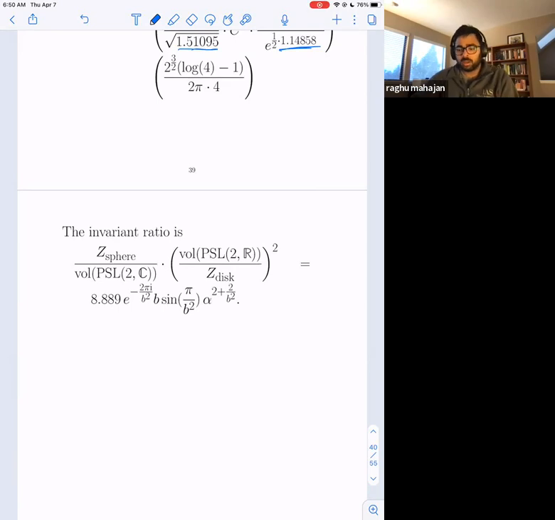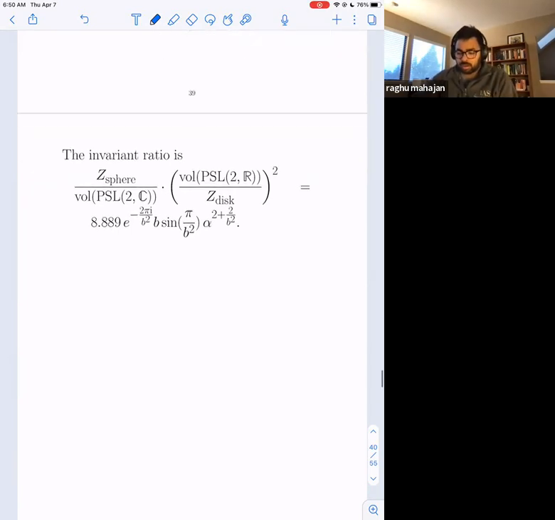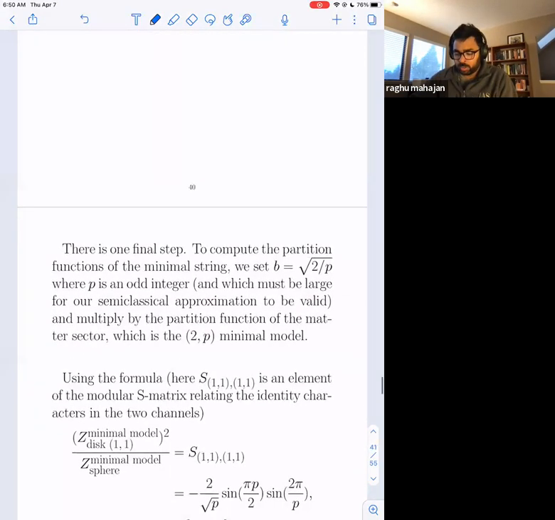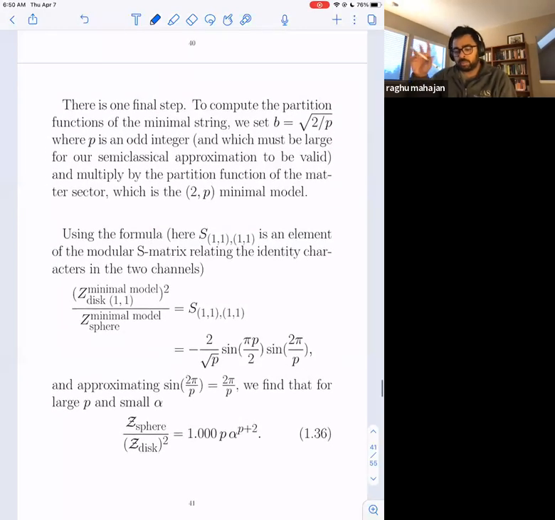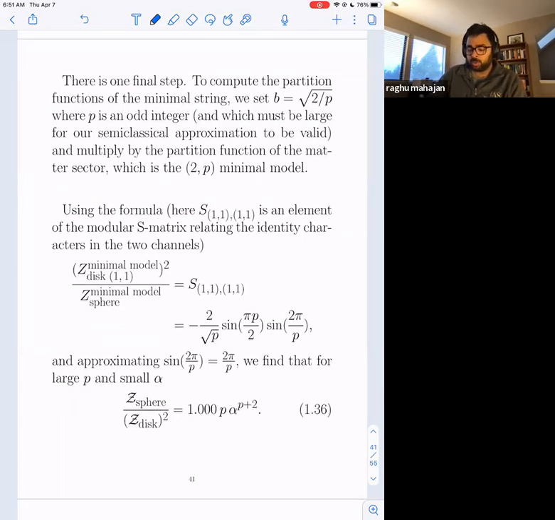That's okay. And then, like what Ashok was saying, we also have the matter sector. We should not forget about it. So on the disk, we put the boundary condition that it's the identity Cardy state. And there is just a formula for the sphere over disk squared for that. So then you multiply the answer by that, and basically you get a very simple answer.